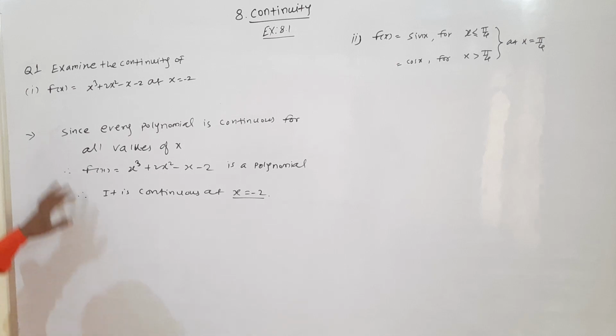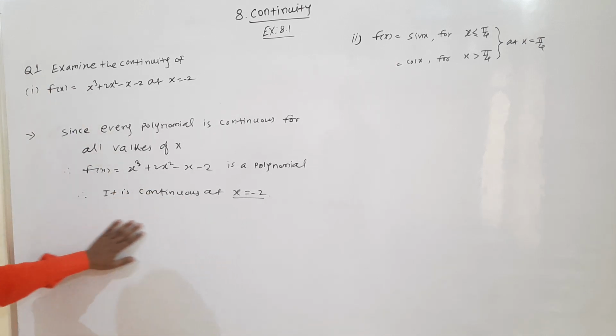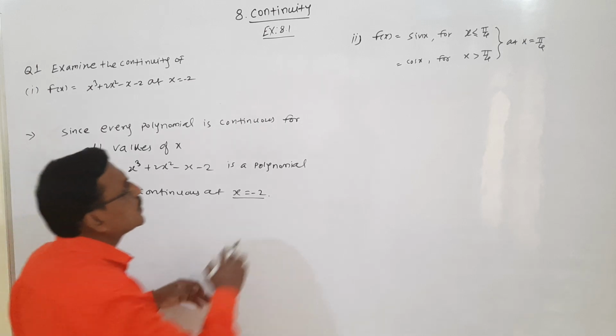The given function is a polynomial, so it is continuous at x equal to minus 2.